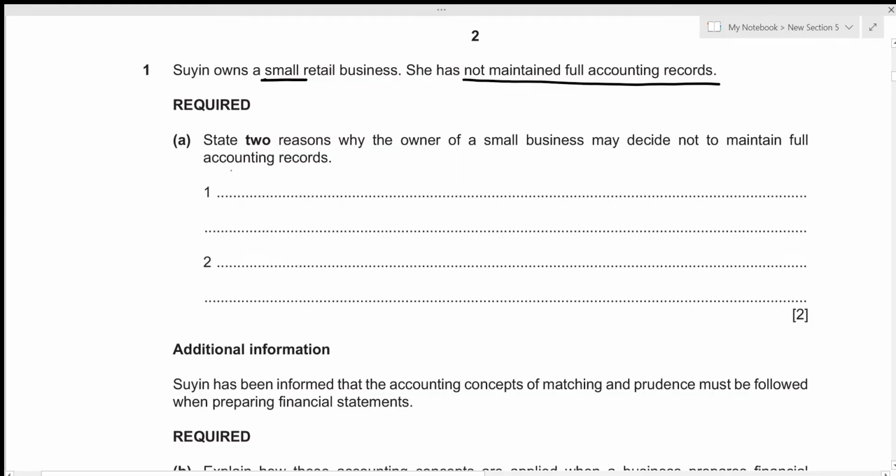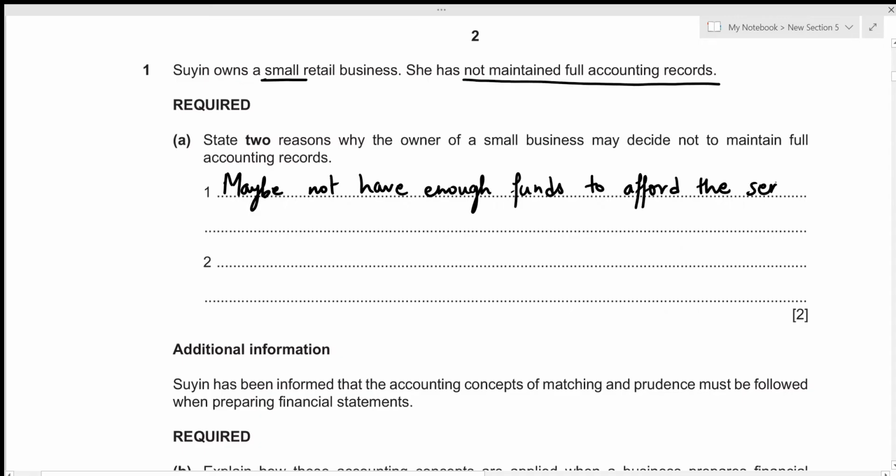Let's write it down. The first reason was that maybe she does not have enough funds to afford the services of an accountant or accounting software.